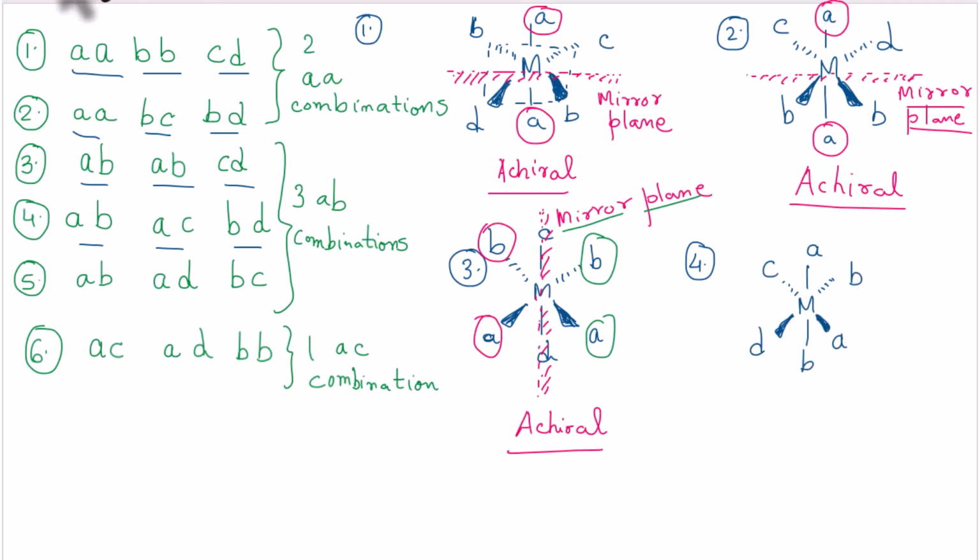Now, if you try to cut it through any of the planes, this side, this side, this vertical, horizontal, or diagonal, you will not get equal portions. You have to be very careful and visualize it properly. Then only will you understand how we decide on chiral and achiral structures. If we cut it through any of these planes, we won't get an equal structure.